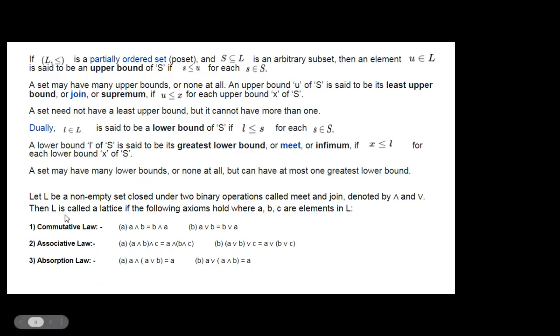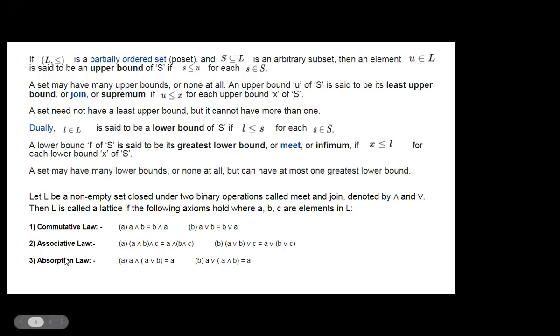Then L is called a lattice if the following axioms hold, where A, B, C are elements in L. How are we going to prove that? Here it obeys the commutative law: A intersection B is equal to B intersection A, and A union B is equal to B union A.